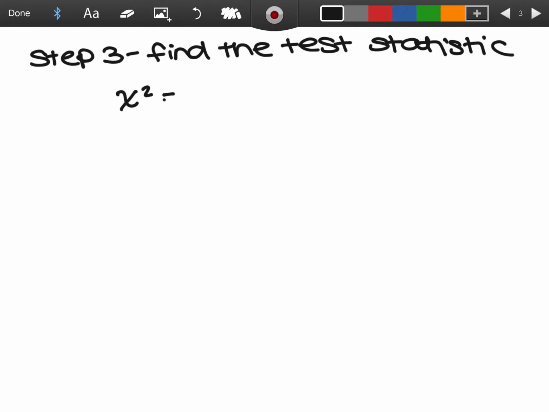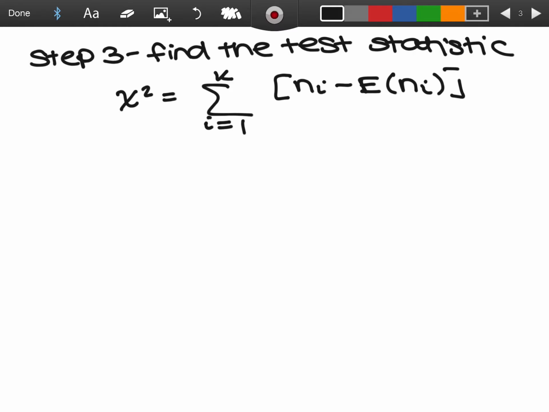What we now have for our test statistic, and bear with me here for a second while I write this out. Okay, we'll go through each step of this. Let's take the top line.